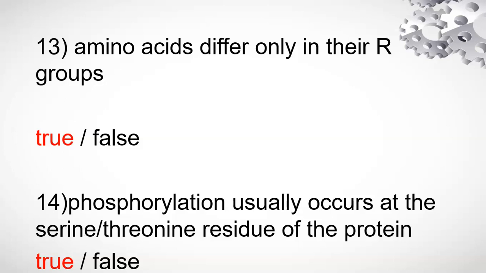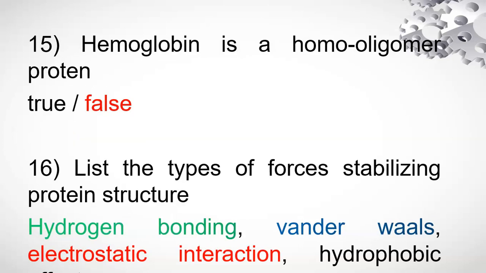So the three answers are correct: either serine, threonine, or tyrosine. So if you see the three answers in your listing, you can as well choose the three answers, or you choose only tyrosine, which is the predominant one. So the answer to that question is true.